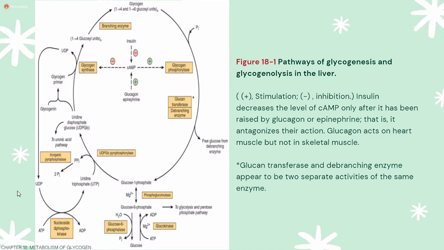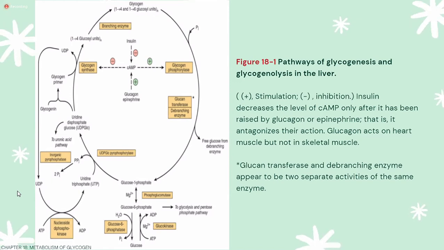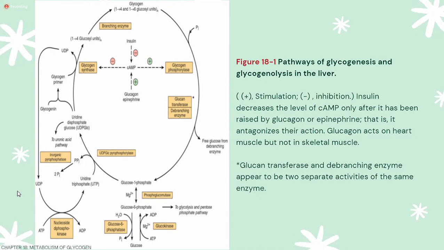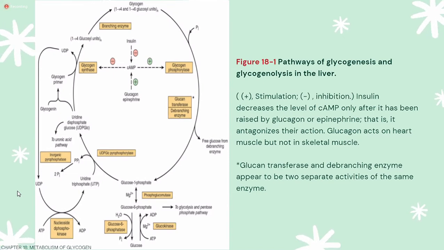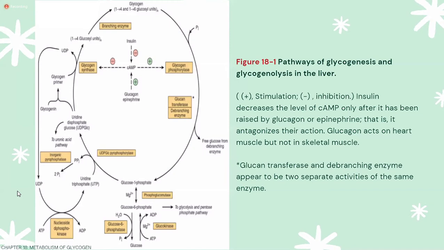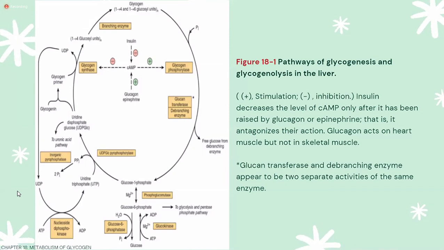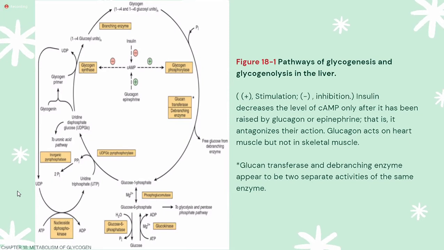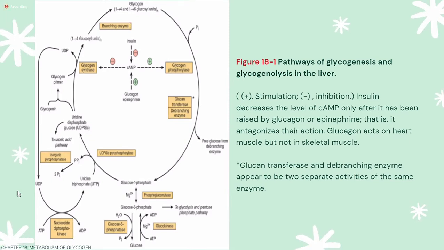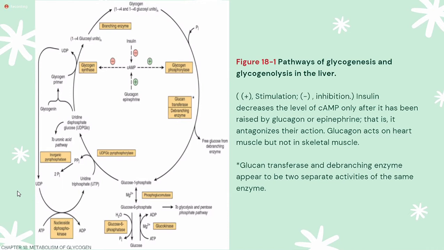So you stop the formation of glycogen, but you start the breakdown of glycogen. So that whatever glucose 1-phosphate will be formed will not be taken up by the glycogen synthase to form glycogen because it is inhibited.